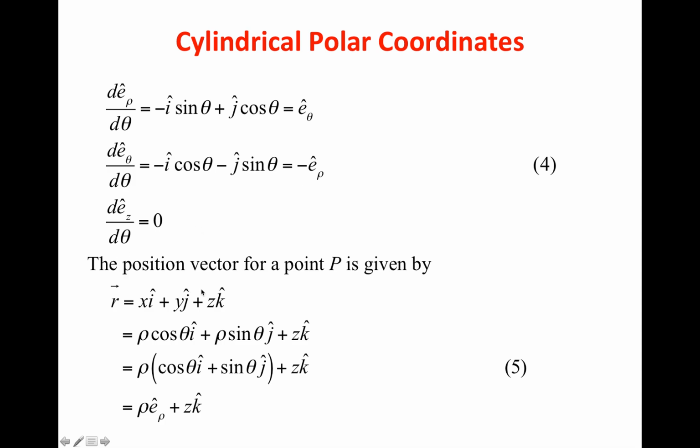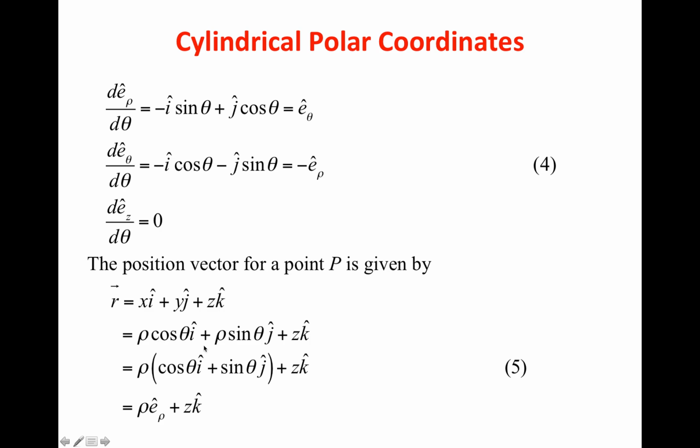Now the position vector of a point P in Cartesian coordinates is given as x i plus y j plus z k, where x, y, z are the coordinates of the point P. If I replace the coordinates x, y, z by the cylindrical polar coordinates, x is rho cos theta, y is rho sin theta, and z remains as z.